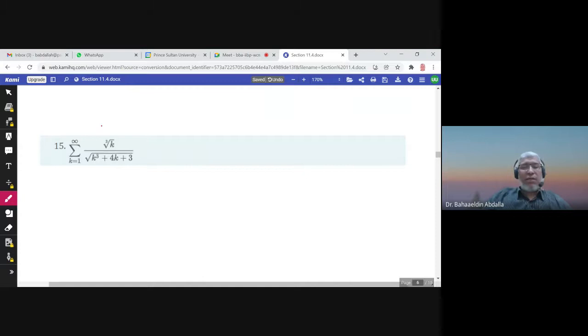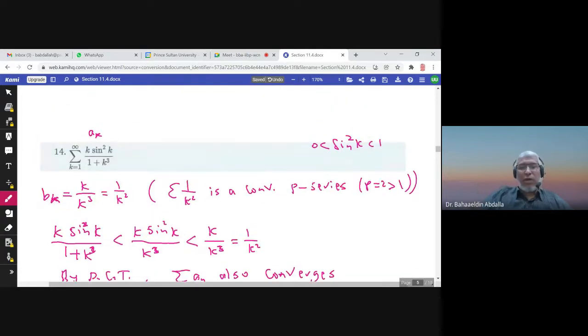This is a_k. We notice that a_k is greater than 0 for all k greater than or equal to 1.